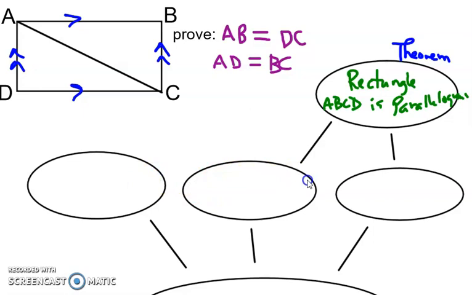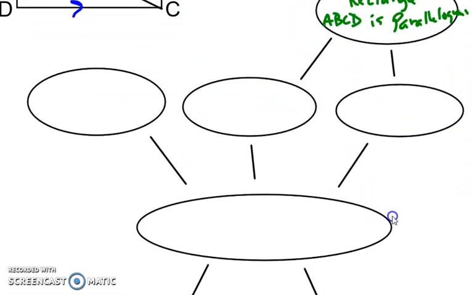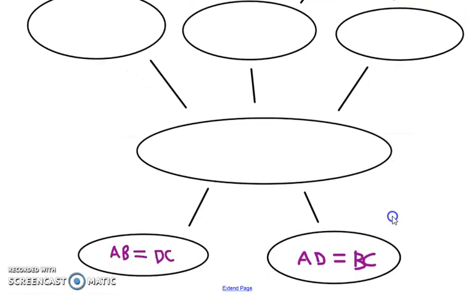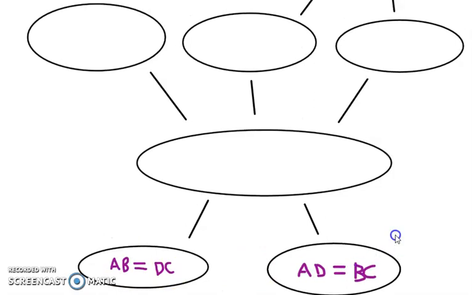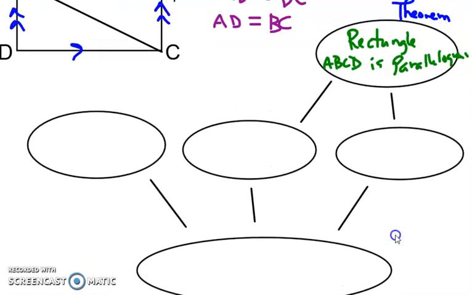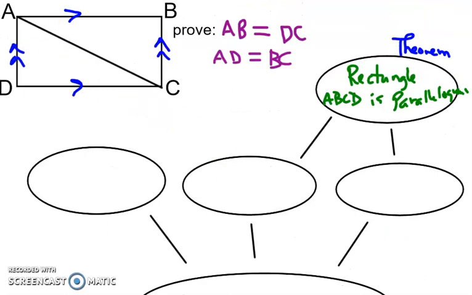Can you come up with a third piece of information to be able to say that the triangles are congruent? When we're finished, we're trying to prove that these pairs of sides are equal to each other. So if we can prove this, then these two things here should hopefully follow as corresponding parts. When you're finished with the proof, turn it back on, and we'll continue with the conversation.